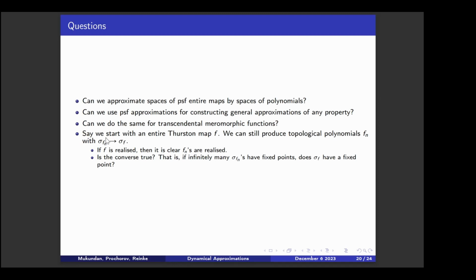But if not, if every single subsequence of the fixed points of the sigma F_n goes to the boundary, goes to infinity in Teichmüller space in some sense, how can we study that? In the polynomial world, and in fact in the rational world, these operators sigma F are known to be locally contracting, locally Lipschitz in the Teichmüller metric.